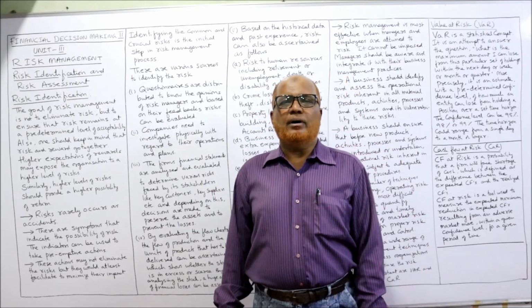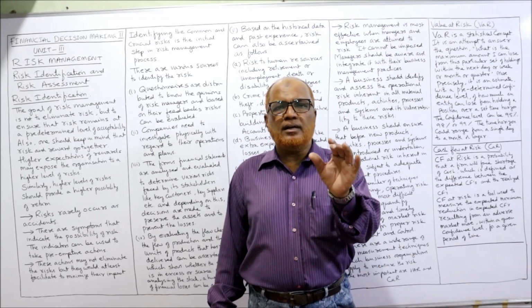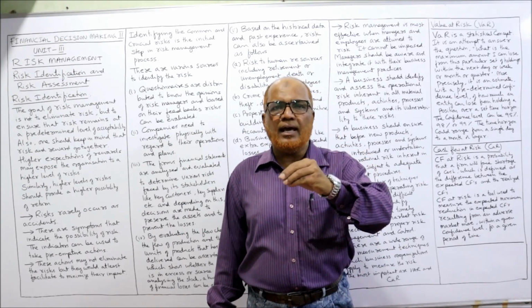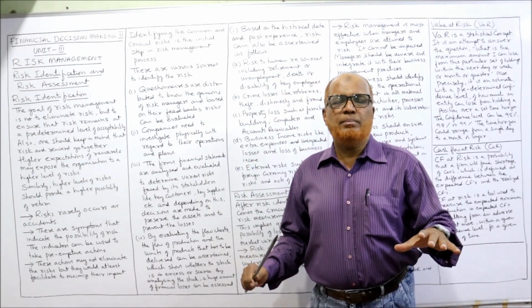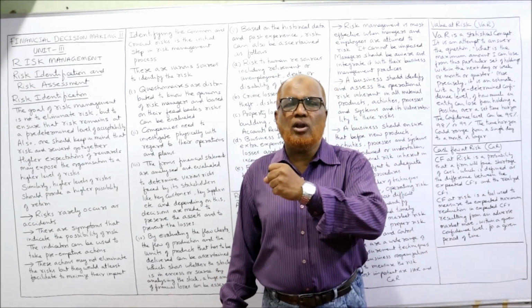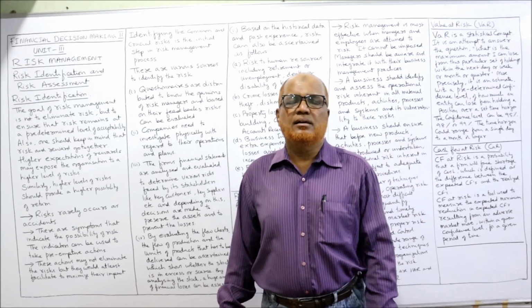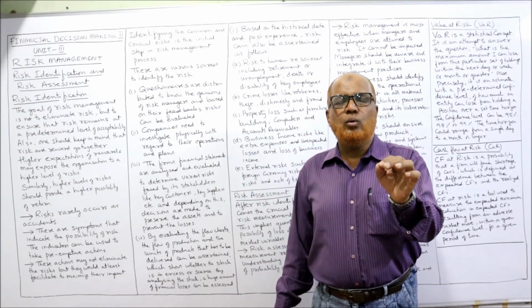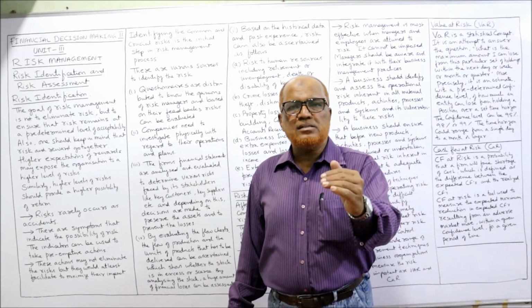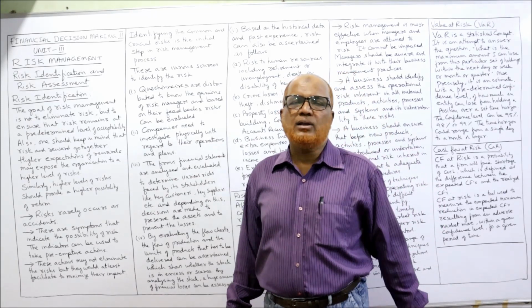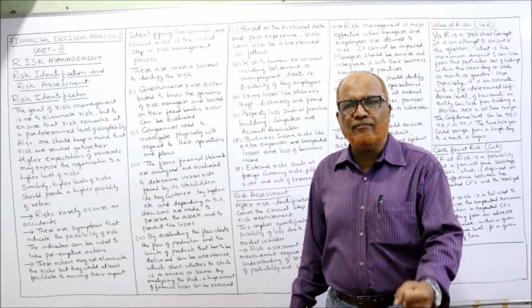One point to remember: risk management does not mean that we are eliminating the risk. Risk is always there in the business. In every business, we cannot eliminate the risk. The only thing we can do is minimize the risk, or bring it to a level which we can afford.